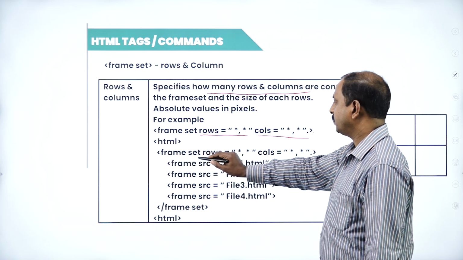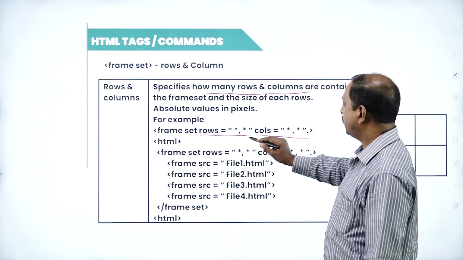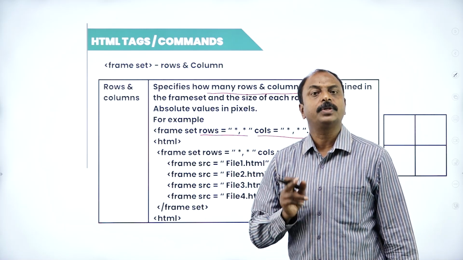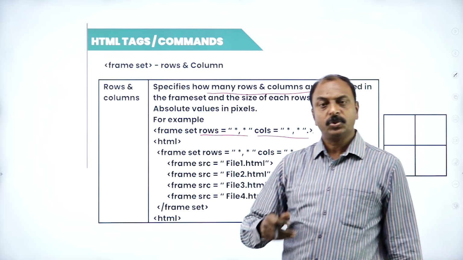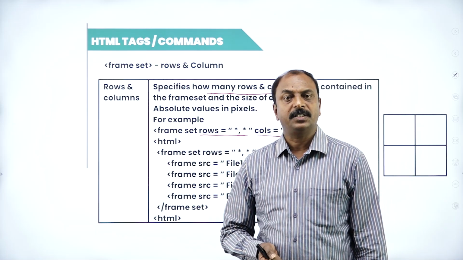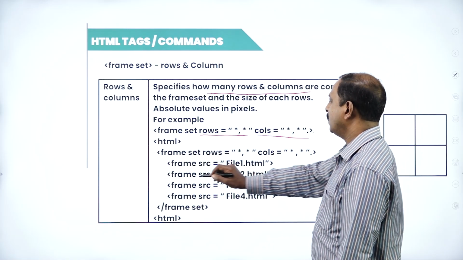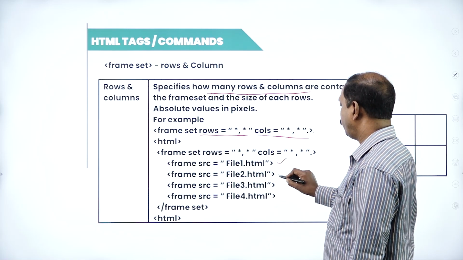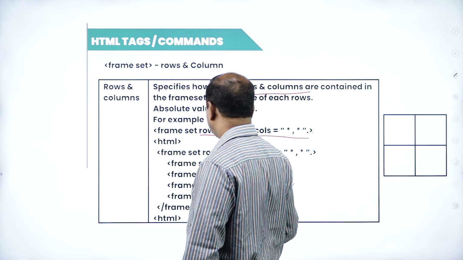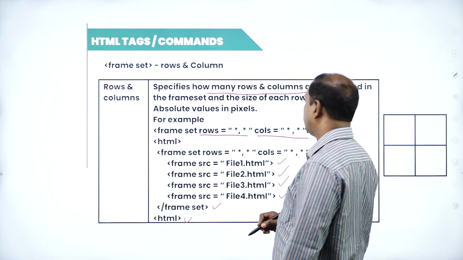Accordingly, the syntax will be like this. As there are two rows and two columns, there will be four cells, 2 into 2, 4 cells. We are supposed to write a program for the 4 different sections in a frameset. Accordingly, frame src file 1, file 2, file 3 and file 4. We have to close the frameset here, then close the HTML tag.